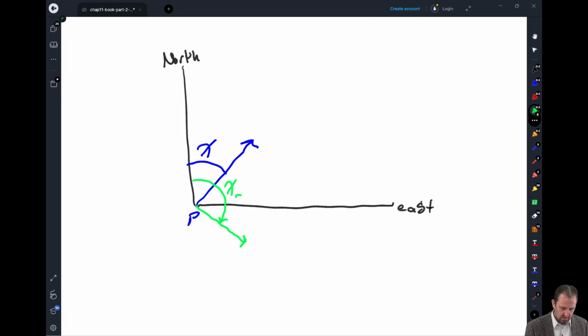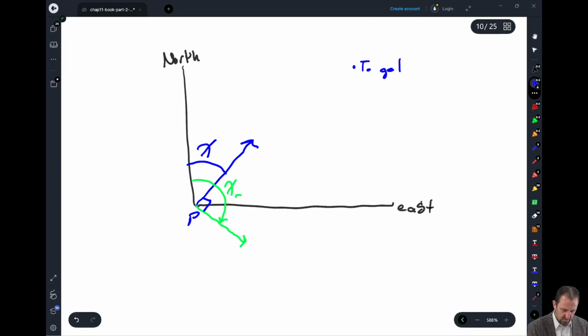So if we just look at this, there's a right angle between it. So to get from P to our center right, we need to follow a direction.